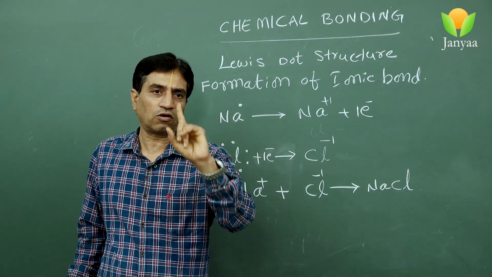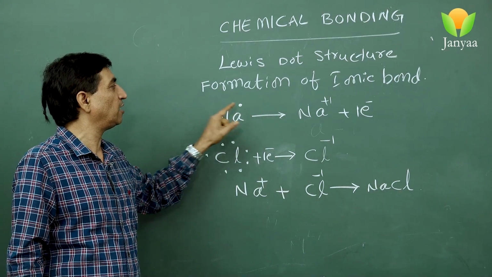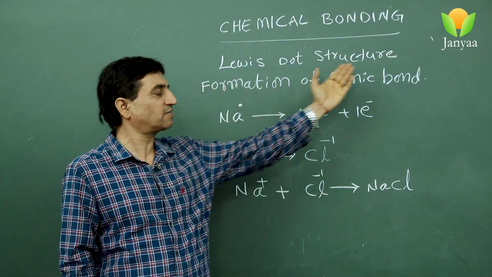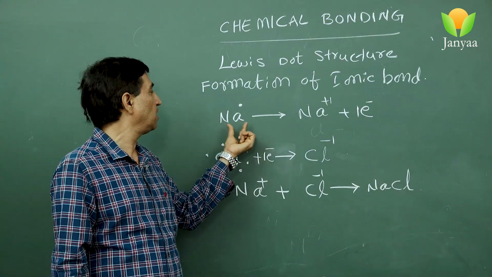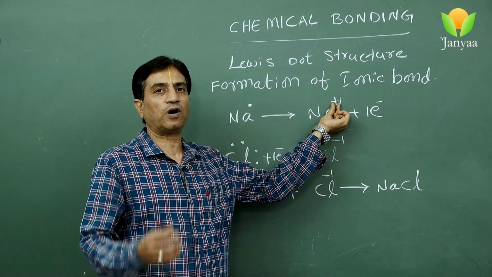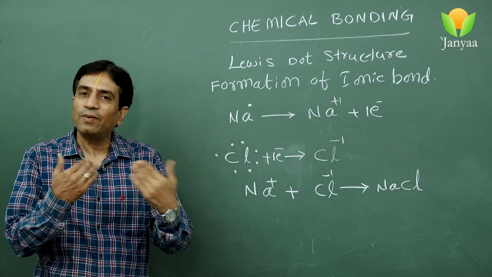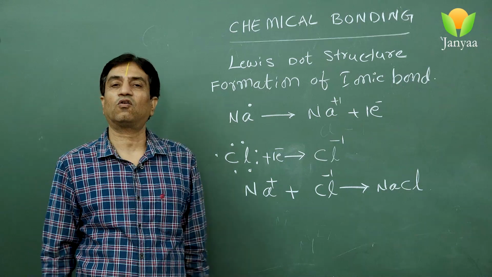One electron is in its outermost orbital, represented by a dot because it is a Lewis dot structure. If sodium loses one electron, it gains one unit of positive charge.